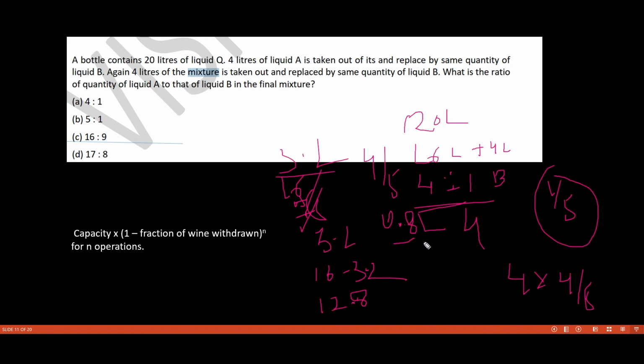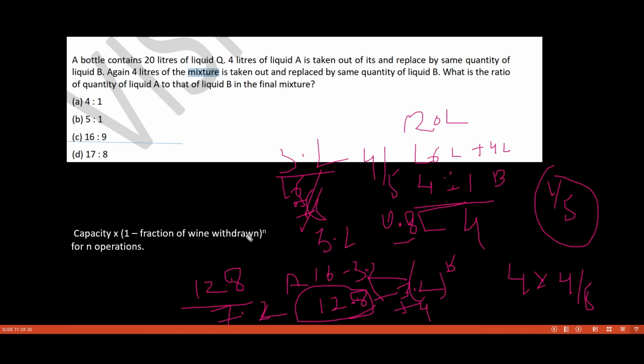And 4 minus 0.8, you are going to get 3.2 of liquid B. But then 12.8 is the amount of liquid A already there, and 3.2 plus 4, because more liquid is being added, so you have 12.8 by 7.2. When you cancel this, you are going to get the answer 16:9, which is the answer.